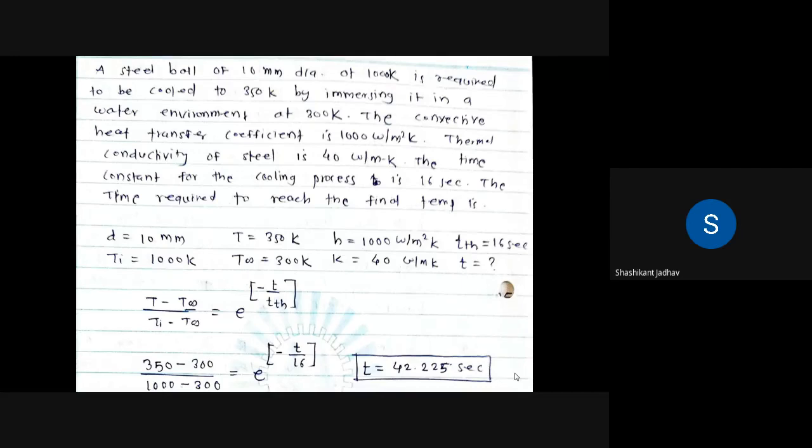T, Ti, T infinity and the time constant are all given, so the only unknown quantity is small t, the time. Put the values into the equation and find the time required for changing the temperature from 1000 Kelvin to 350 Kelvin.